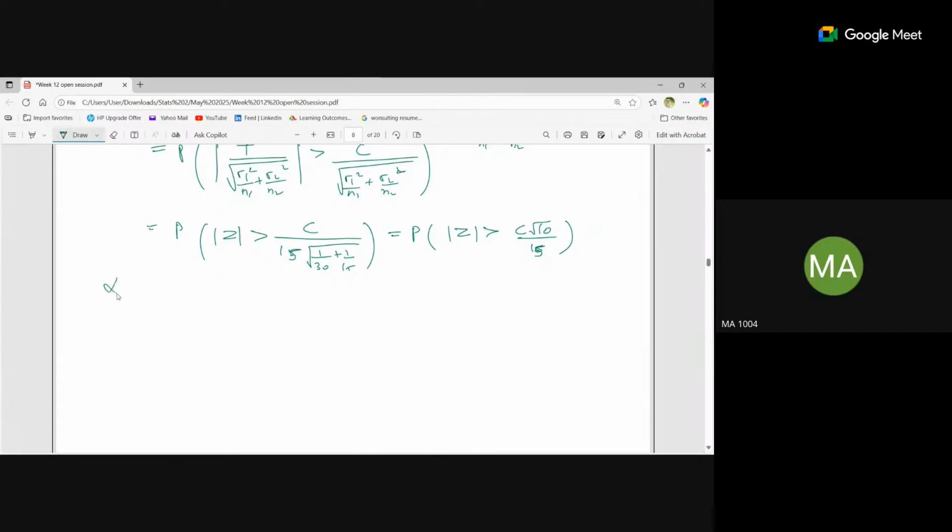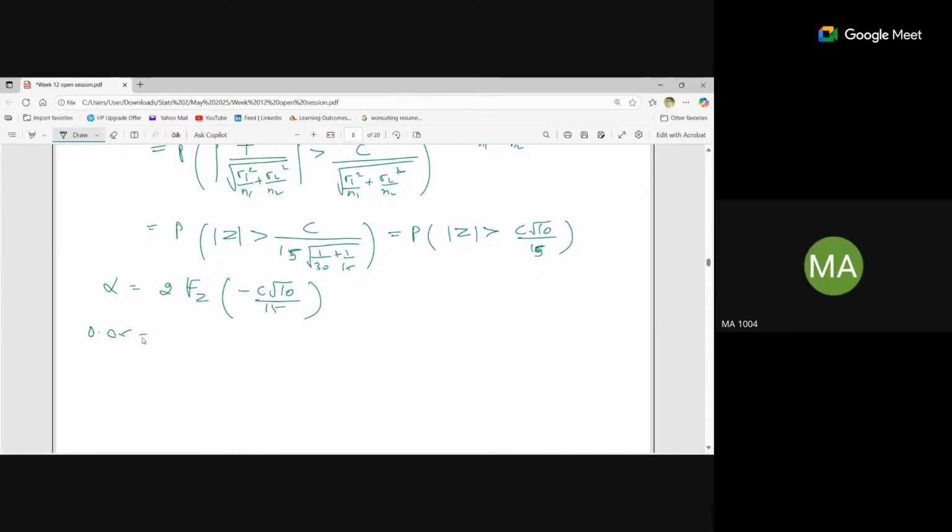Now, alpha can be written as one minus 2 into z minus c under root 10 divided by 15. Yes or no? Yes, we can write. So what is my alpha?